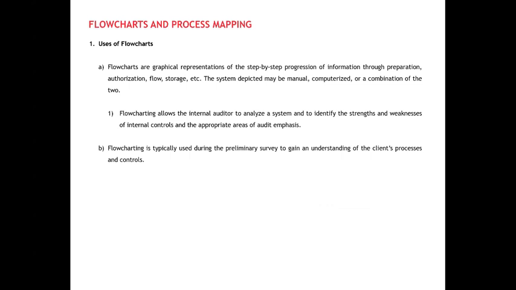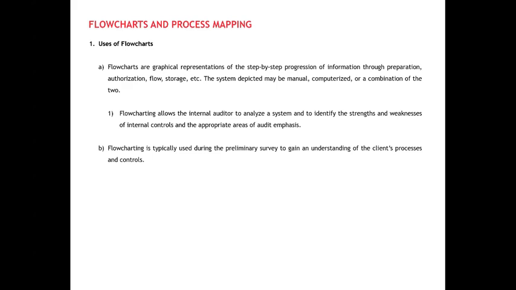Most of the processes today are documented in the form of flowcharts. Flowcharts are graphical representations of how a process is carried out, who is involved in that process, what the key internal controls are, and what documents are input, processed and output in those activities, how many copies of it are raised, whether the processes are manual or computerized, and where the information is stored.